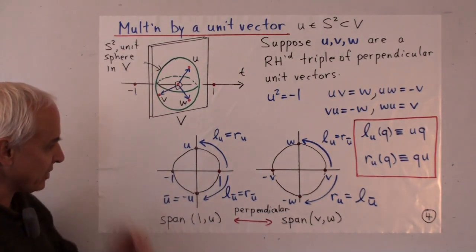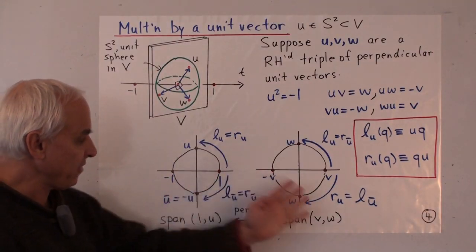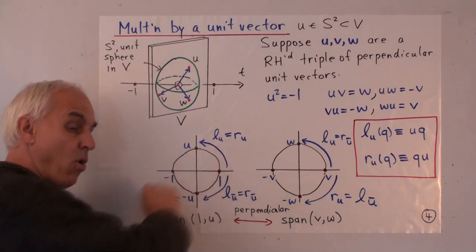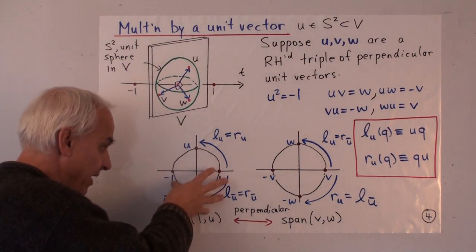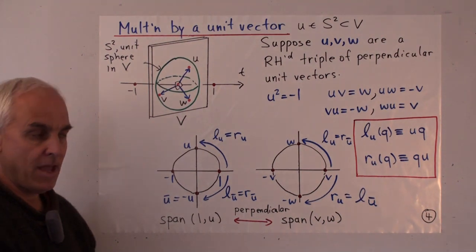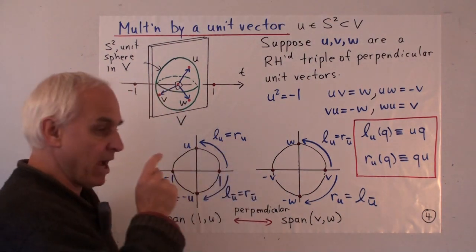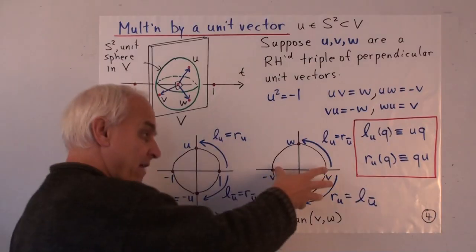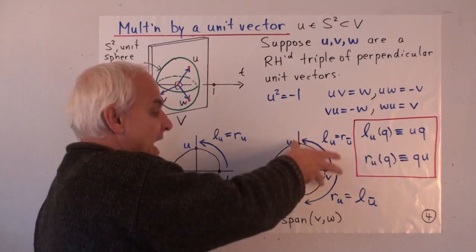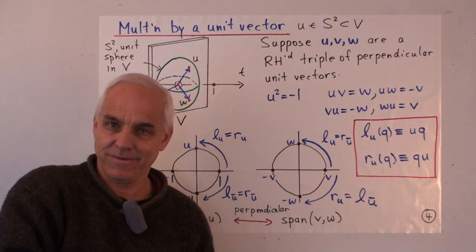All right, so let me summarize what I've just said. We have these two different planes. When we multiply by u on the left or on the right, in this plane, both of them are quarter turns. However, over here, when we multiply by u on the left, we have a quarter turn, but on the right, a negative quarter turn.